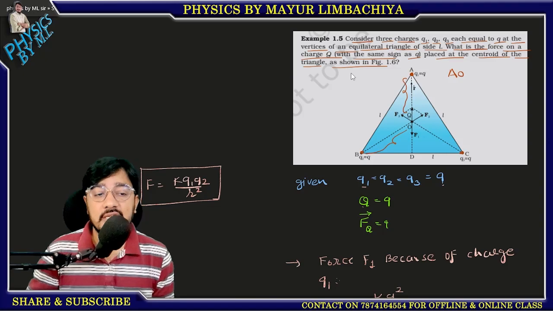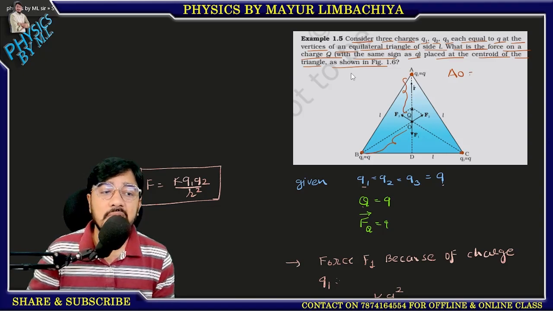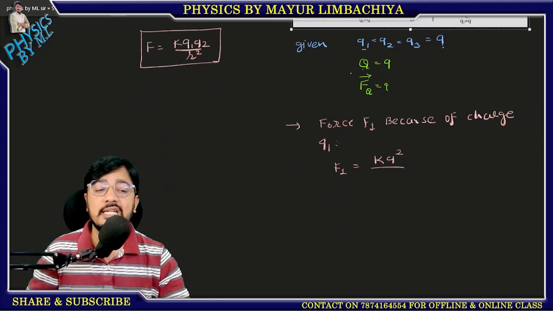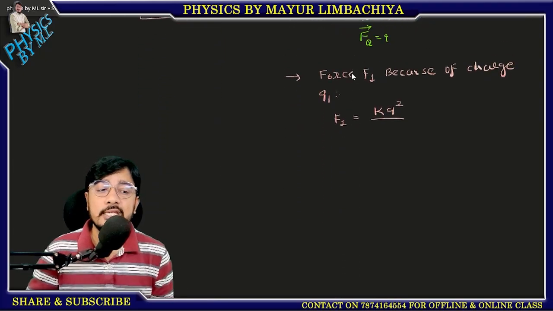Now this distance we also have to find out. It will be BO, and this distance will be CO. So dear students, we have to find out first AO, BO and CO. So we can substitute that AO, BO and CO here in this equation.